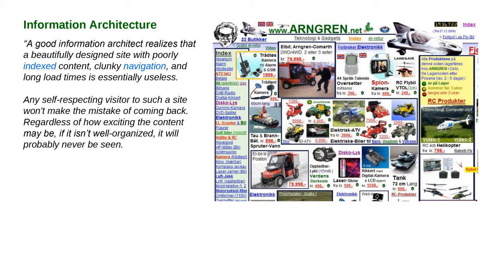I've been focusing on what the business is trying to do, who the user is, what's logical to the user, what their task is, how they think about this thing, and how I facilitate that for them. A good information architect realizes that a beautifully designed site with poorly indexed content, clunky navigation, and long loading time is essentially useless.